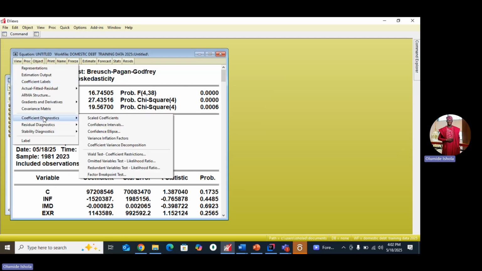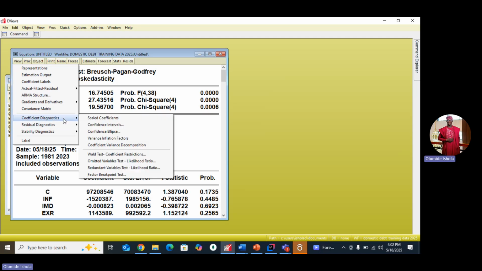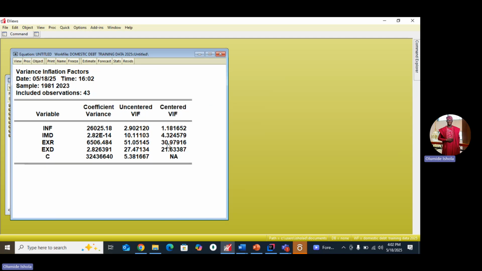With this, I don't need to continue because I've already seen problems. You can see my exchange rate is having about 30, extremely high, and my external debt is having 21. So I can see that there are problems.